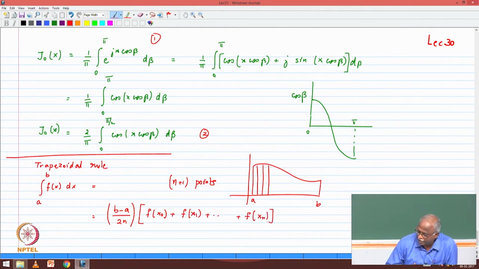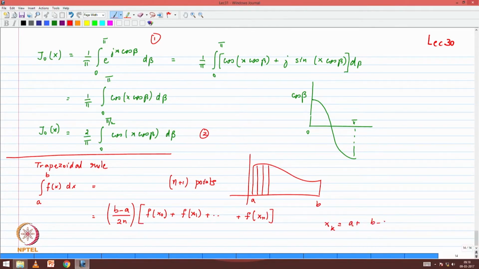There are a total of n plus 1 points, where xk is equal to a plus (b minus a) divided by n times k. So it's a linear interpolation of the range between a and b, and you are sampling your function at each of those values.